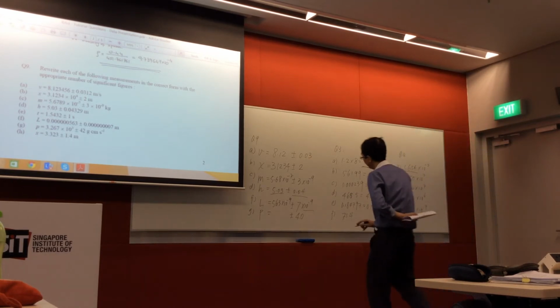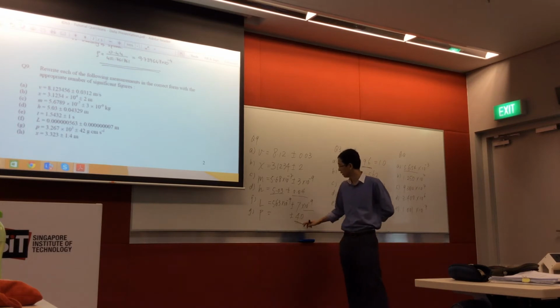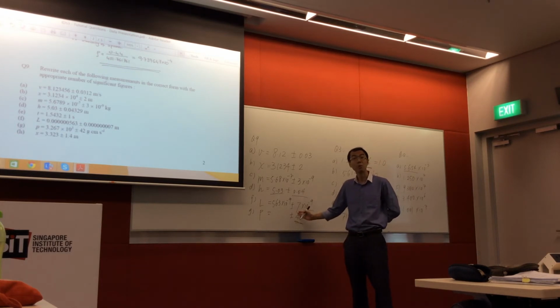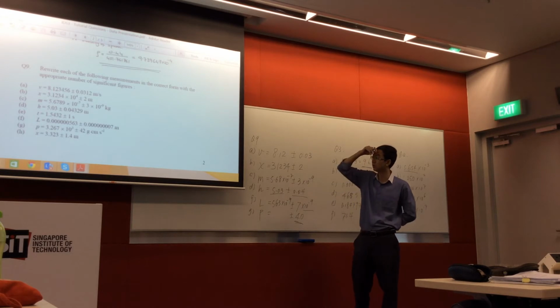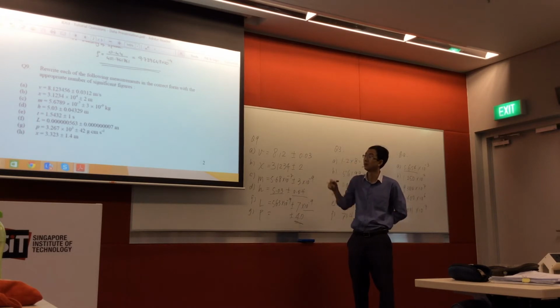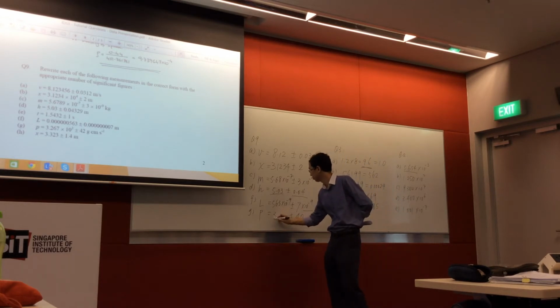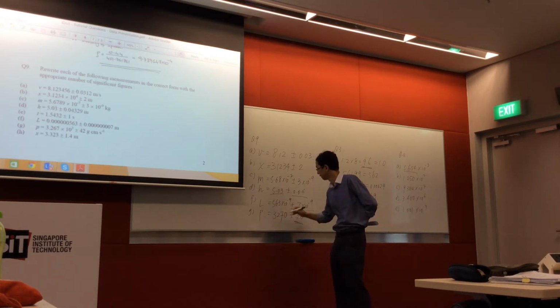So now, what is the order of magnitude here? It's 10 of 1, right? So what is your best estimate? You should report your answer. So your answer actually now is 3267. Yeah, so it will be 3270, right?